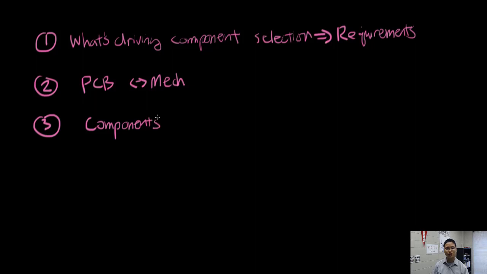Specifically, we'll look at a key example of using DigiKey, which is a very popular site for sourcing components. We'll go through the search for a particular component so that you can have a feel for the process, and hopefully all of you will be comfortable exploring DigiKey as a way to identify components that meet your requirements. So let's get started on your component selection process and what's driving it.